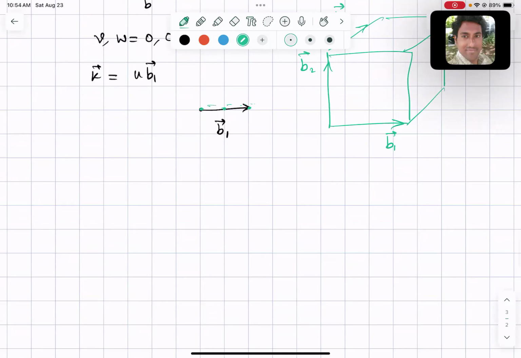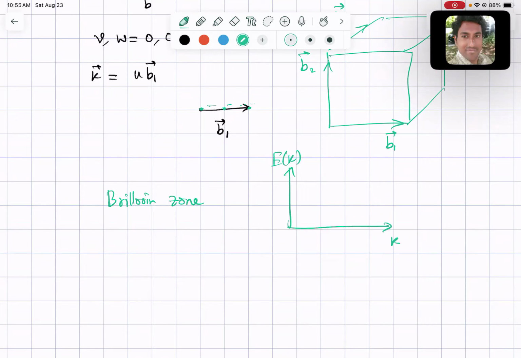Okay, what is the Brillouin zone? Probably it was the first or second lecture we discussed. I remember the dispersion relation, E of k as a function of k. We went from minus pi by a to plus pi by a, right?